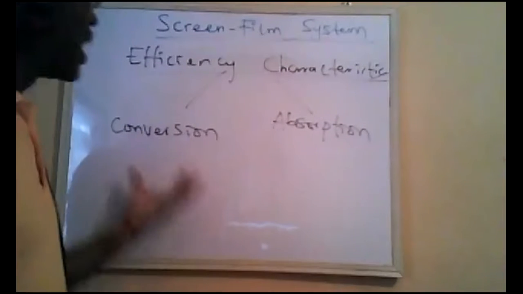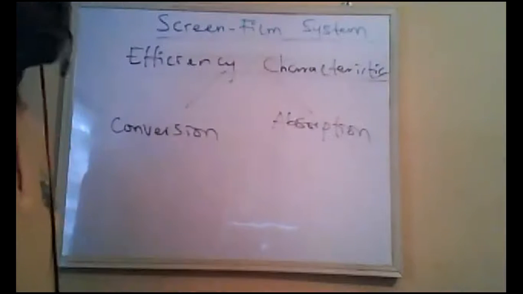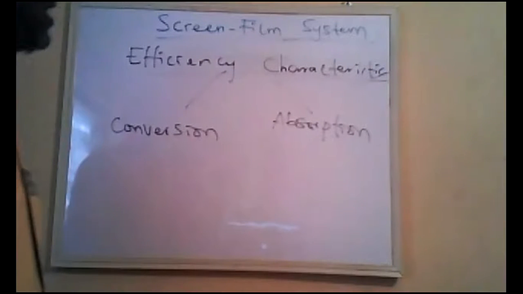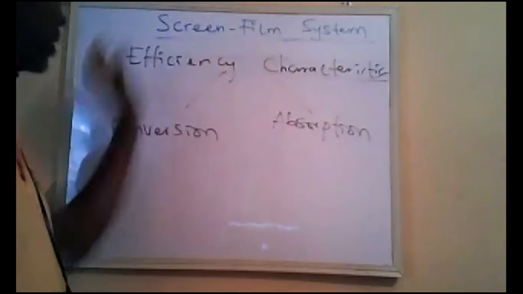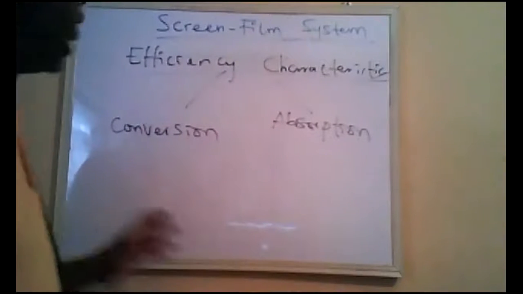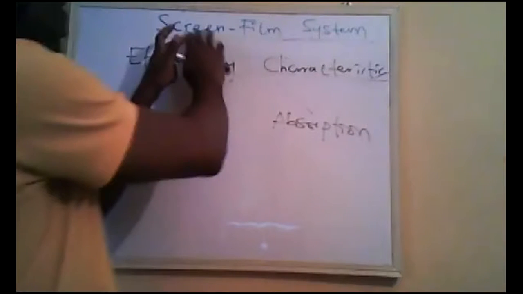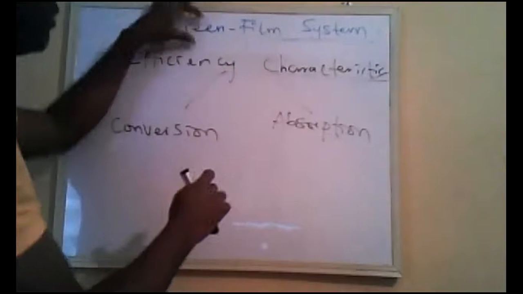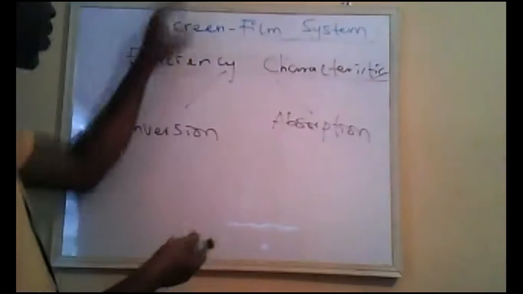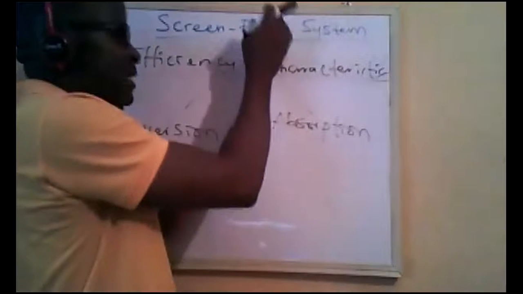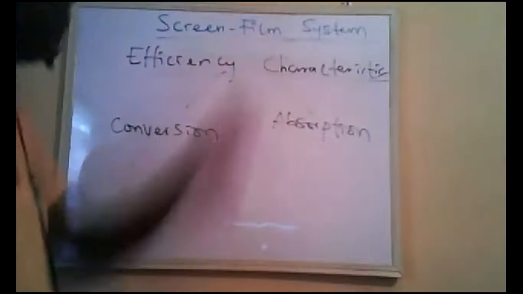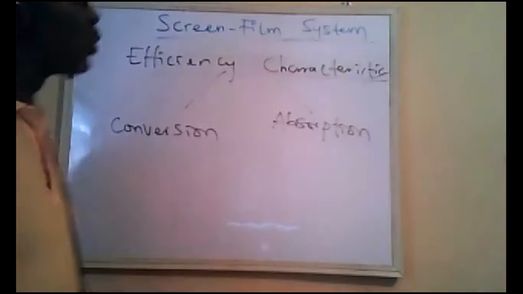Sorry, not film, how much is the screen? But anyway, we talk about the two at the same time because it is twofold. It is based on both the screen and the film: how much of the X-ray the screen is able to convert to light, and how much of the light is used to affect the film to produce a particular optical density.